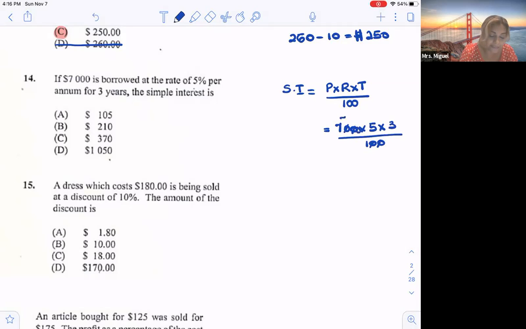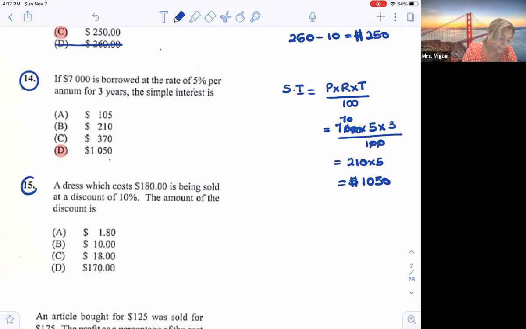So we will get 70 by 3, which is 210, and 210 by 5 will give us 1,050. And this question is a repeat.